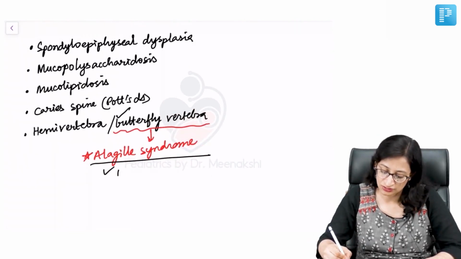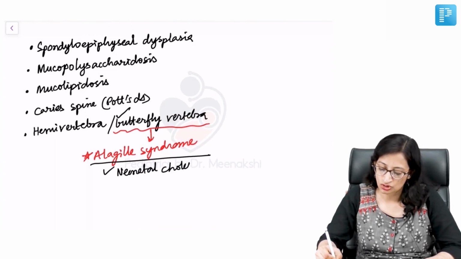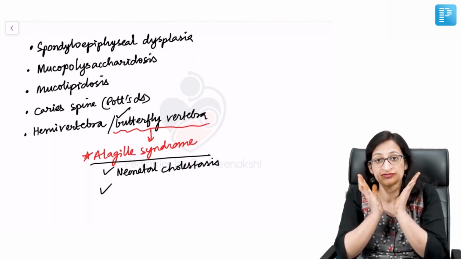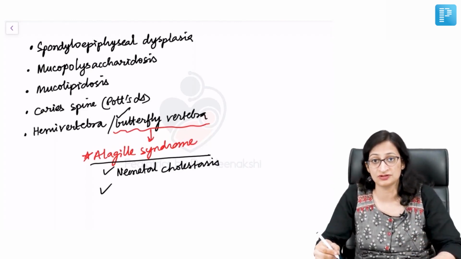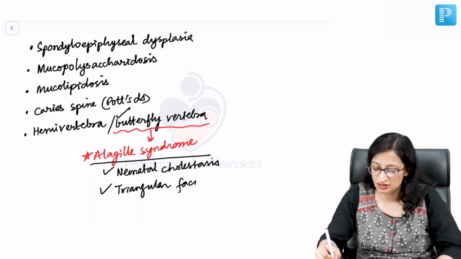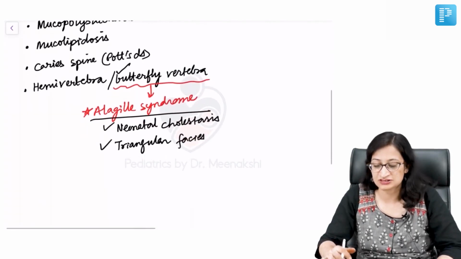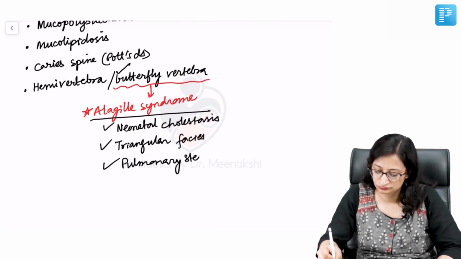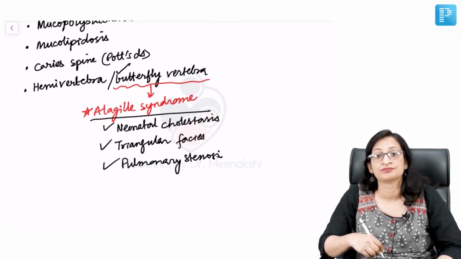So you can get neonatal cholestasis or conjugated jaundice. There can be facial dysmorphism or triangular faces. The face is triangular in shape in Alagille syndrome. And there are some heart defects like pulmonary stenosis.